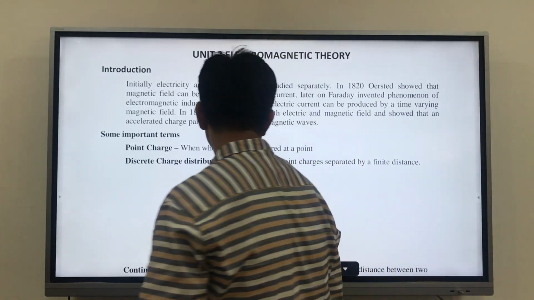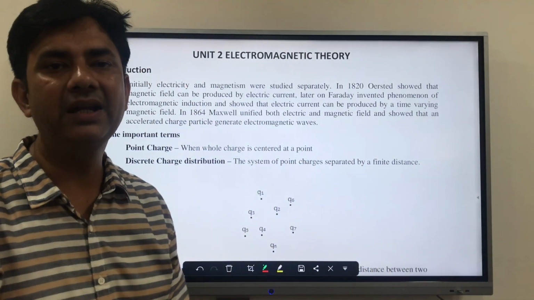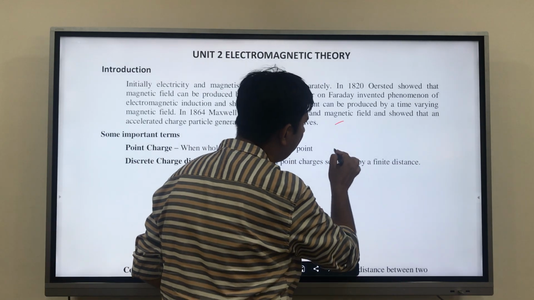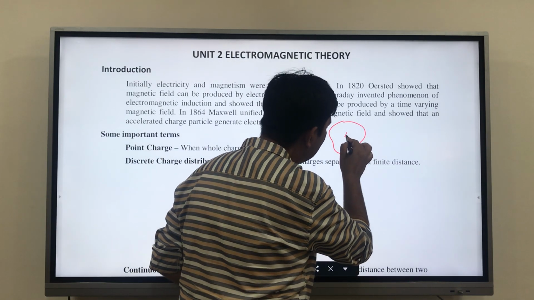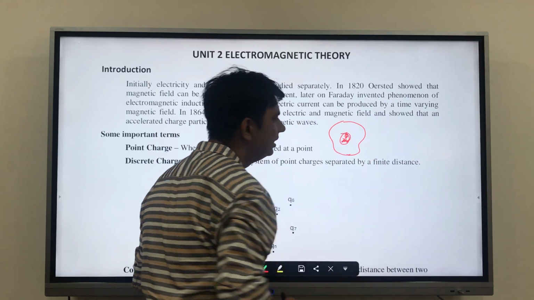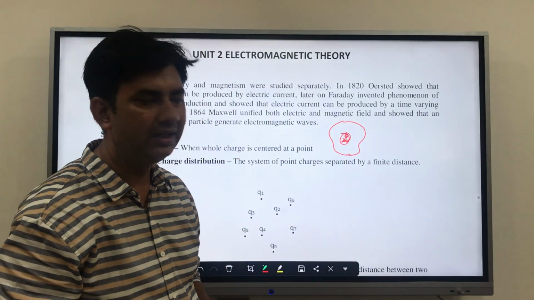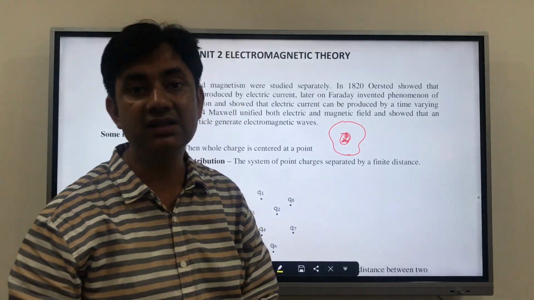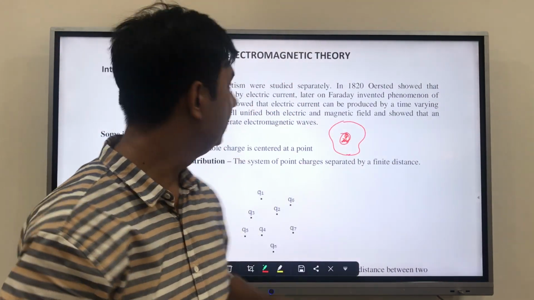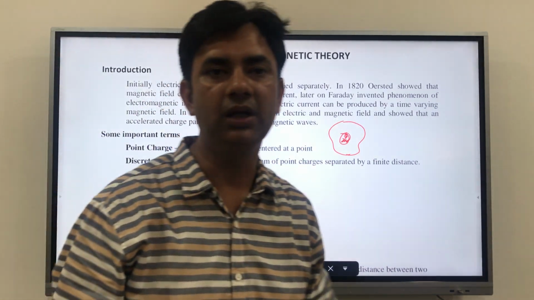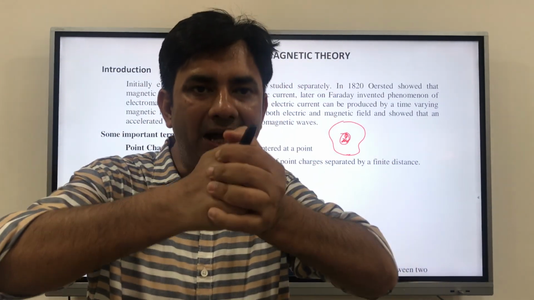What is it? A system of point charges separated by a finite distance. In the previous case, we had an arbitrary body and said that the whole charge of the body is centered at a point. But in a discrete charge distribution, the charges have a certain distance between them. In a point charge, we don't have a distance between points; charges are combined together.